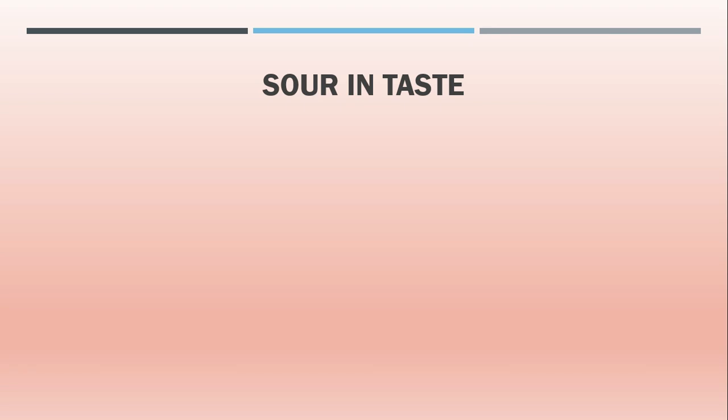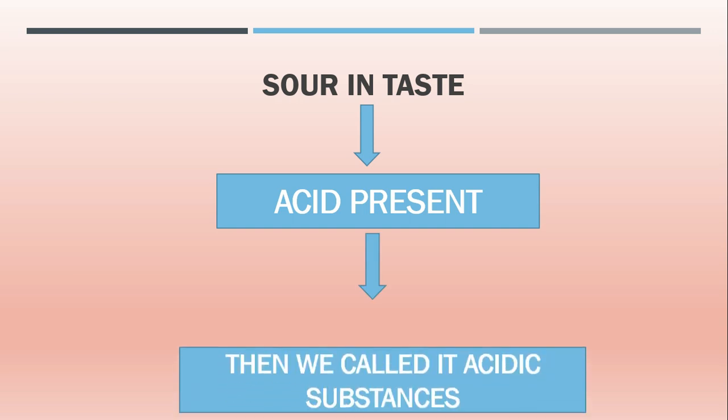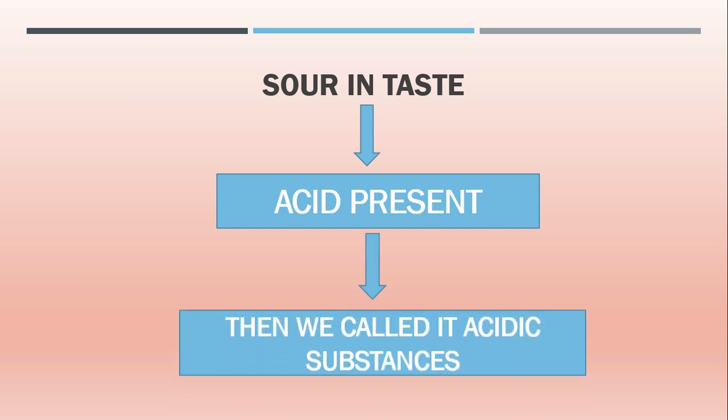If it is sour in taste, that means acid is present, and then we call it an acidic substance. Any substance which is sour in taste has acid present, and the substance responsible for its sour taste is called an acidic substance.